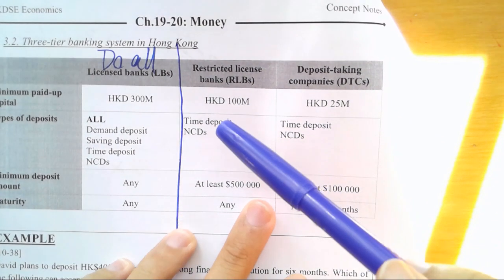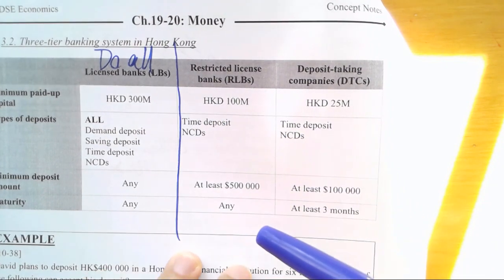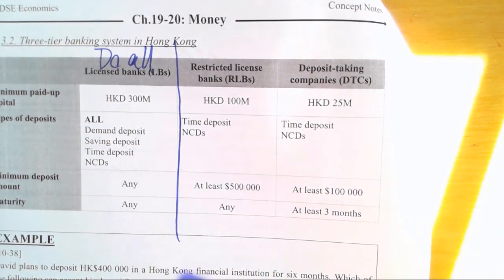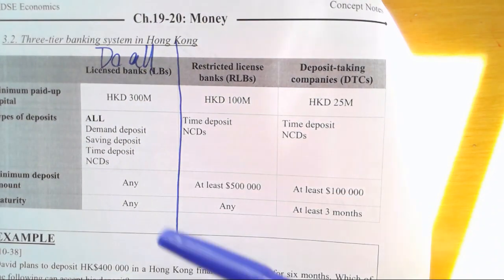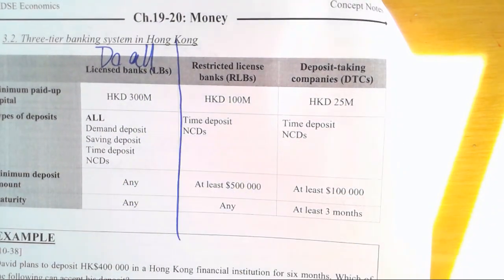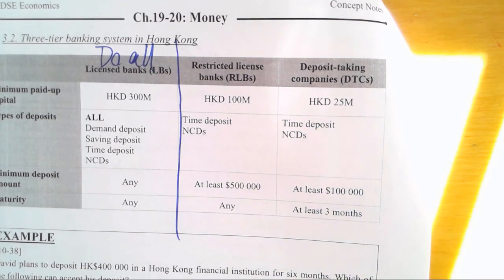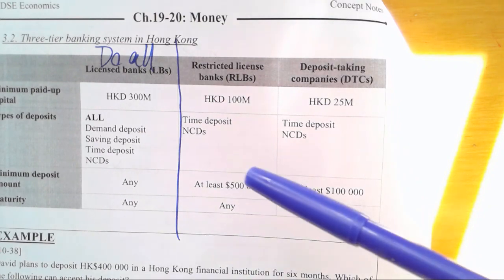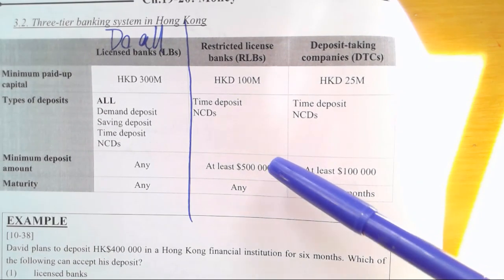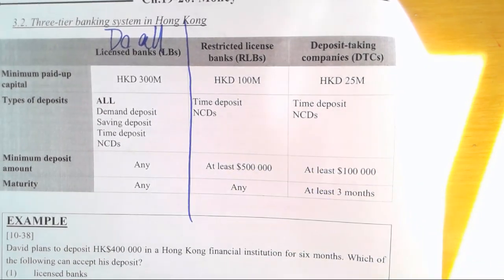Both of them only can take time deposit and NCD. Therefore, when you write a check account, okay, a check account, it must be a licensed bank. When you go to saving deposit, it must be a licensed bank, okay?